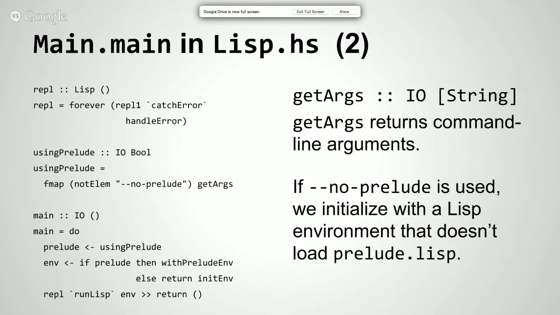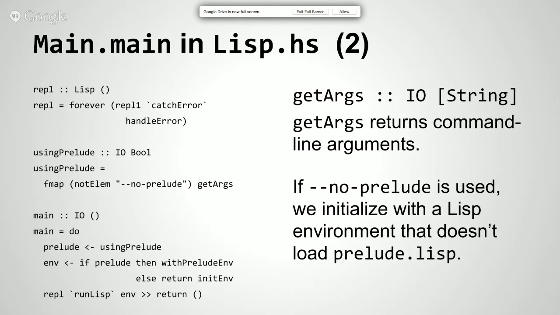The one thing I'm going to show is command line arguments. getArgs from System.Environment returns the command line arguments. And of course, because it's dependent on the system context in which the program's running, it's in the IO monad.